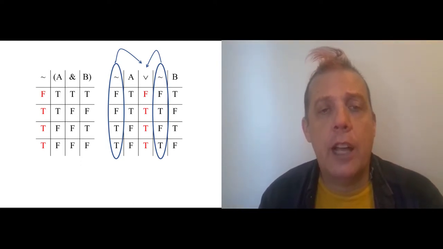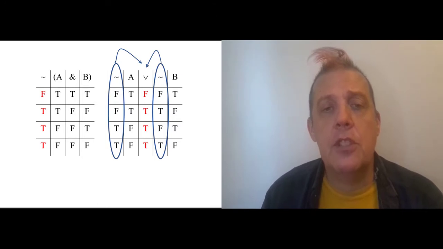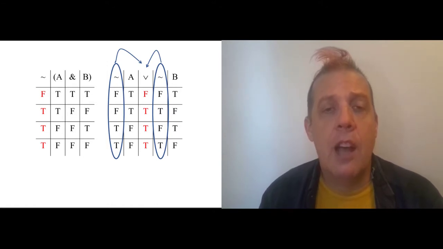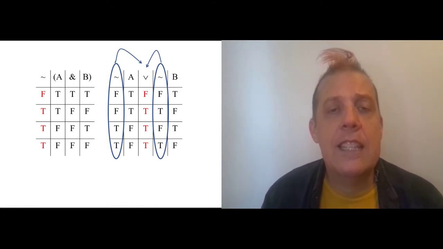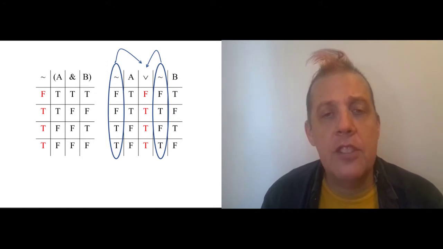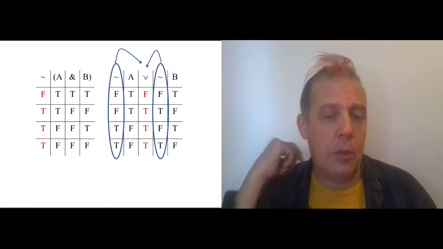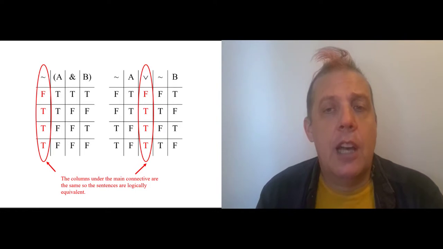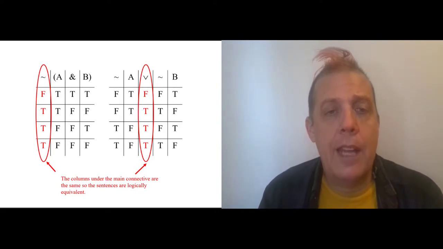The first line is false because the two things on either side of it are false, right? You've got those two F's in the blue circles. And what that means is that the sentence not A is false and the sentence not B is false. And you just go down the column like that. Because the columns under the main connectives are identical, the two statements are logically equivalent.